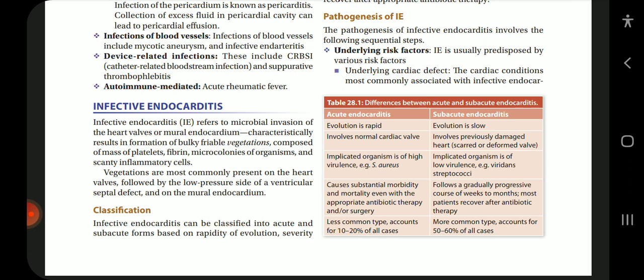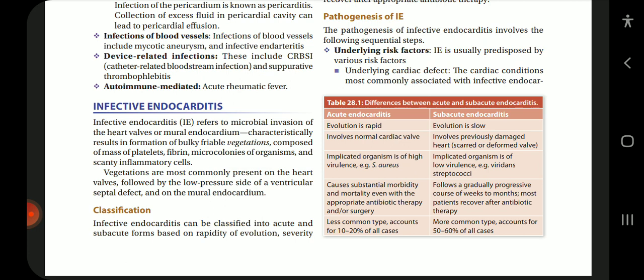Acute endocarditis causes substantial morbidity and mortality even with appropriate antibiotic therapy or surgery, while the subacute endocarditis is usually progressive over weeks or months, but most of the patients recover after antibiotic therapy. Less common is the acute endocarditis, which occurs in 10 to 20% of the cases, but more common is subacute endocarditis, which occurs in 50 to 60% of the cases.